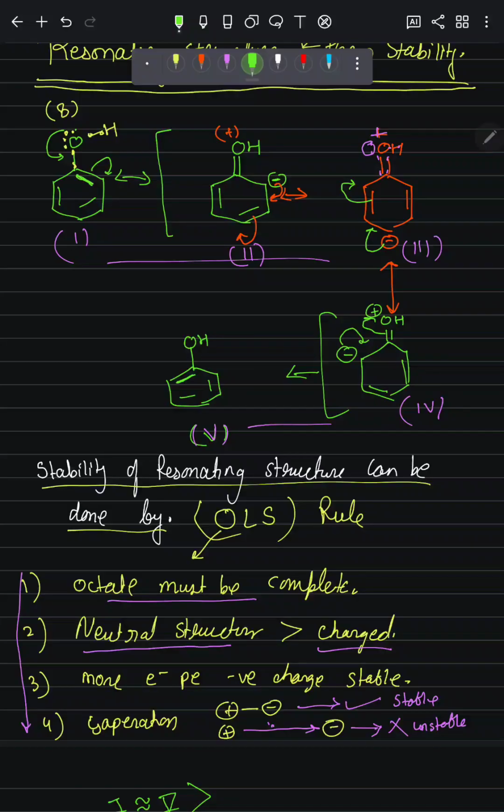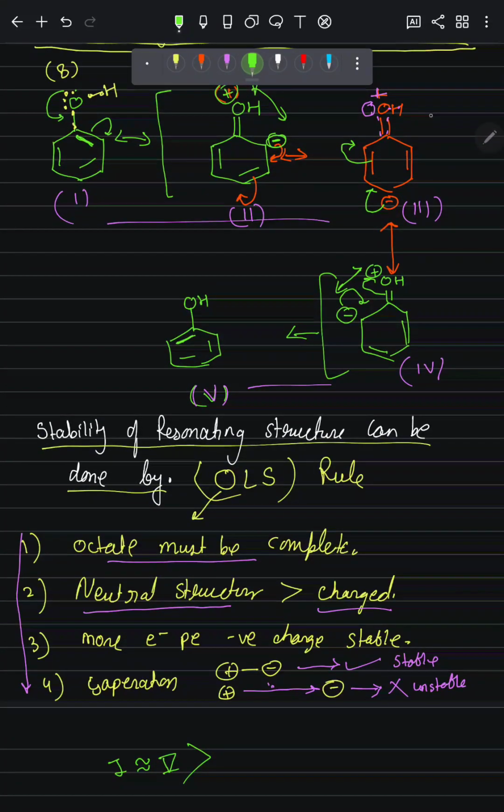So now let's get to the fourth point, which is separation. The charge separation, in which when an opposite charge is present, the structure where the distance between the opposite charges is minimum is preferred. So as you can see, a positive charge is here and a negative charge is here. So this is the least distance, and the same can be said about this, which is also the least distance.